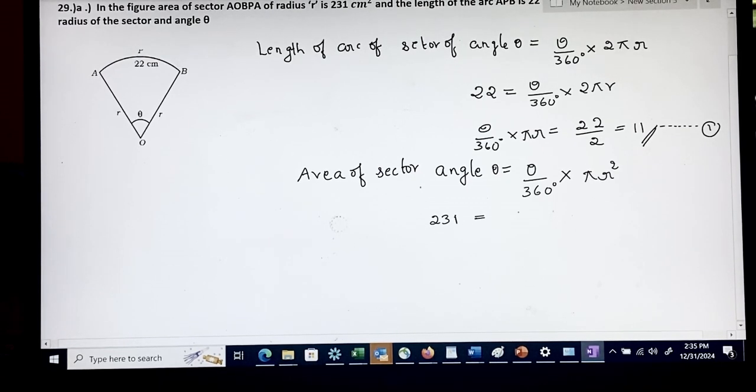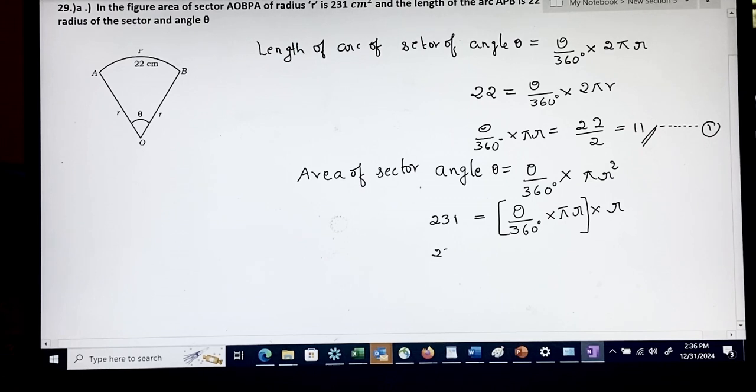This is equal to theta by 360 into pi r, which we know is 11, and then into r. We need to simplify this equation so that we can replace the previous answer, that is pi r into r. For whatever I've written in brackets, we can replace the value 11 because of equation 1.